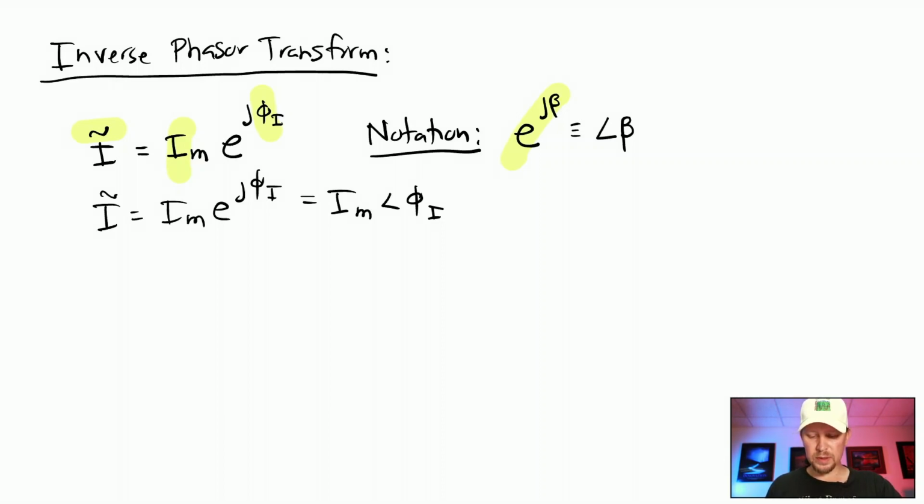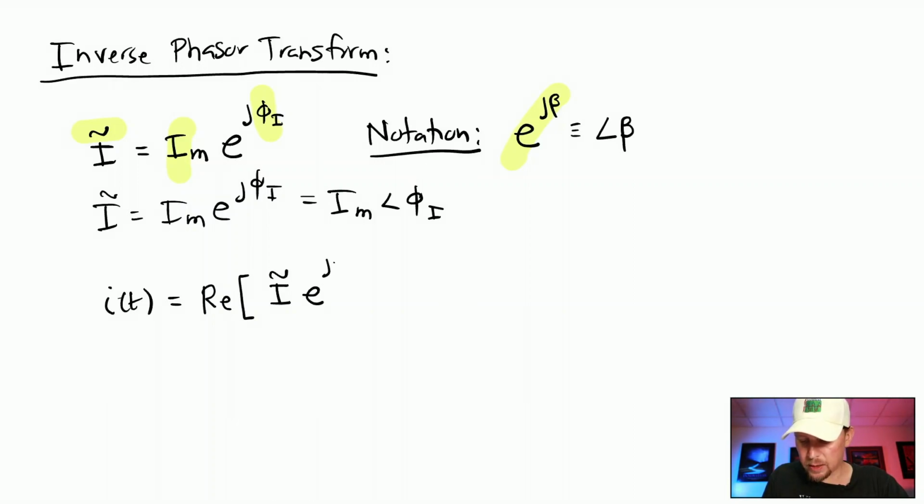And one of the things we can do in order to turn it back into the time domain is take the phasor. This is going to be the time domain portion corresponding to that phasor: we take the real part of the phasor itself multiplied by e to the j omega t.